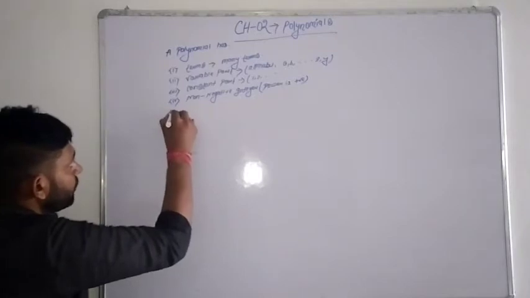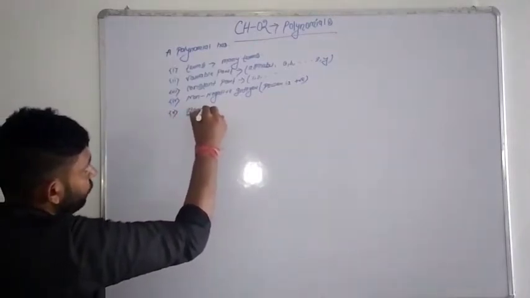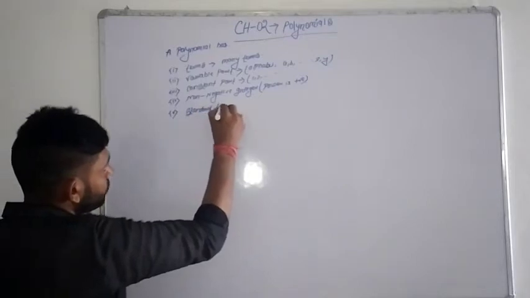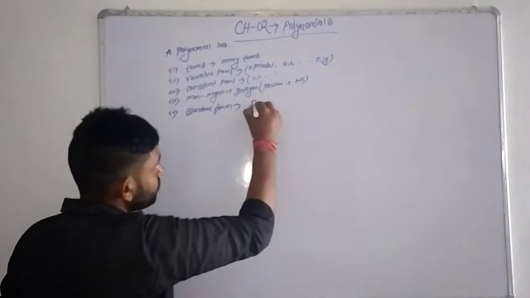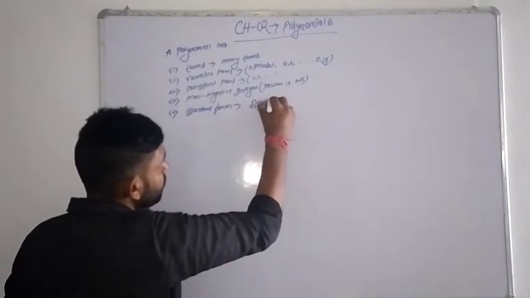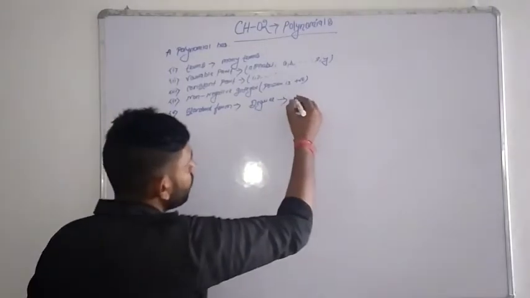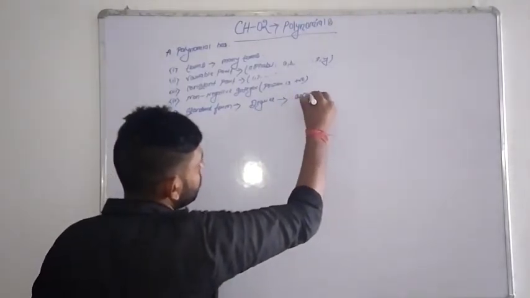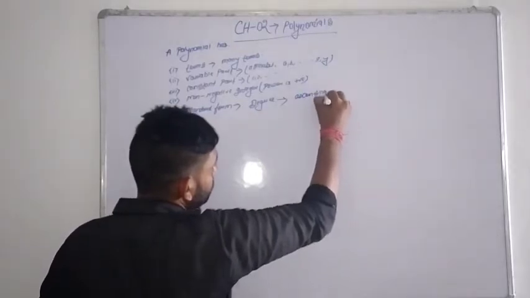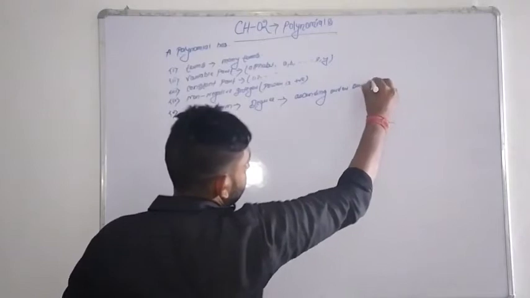And number five, standard form. That means the degree, the higher power, is arranged in either ascending order or descending order.